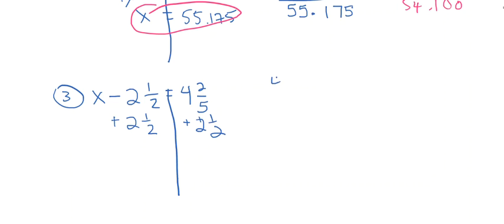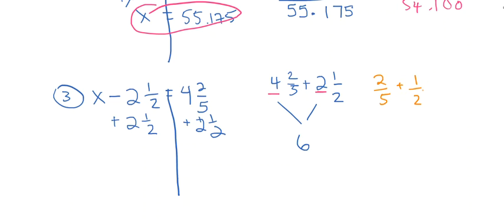So when you're doing 4 2/5 plus 2 1/2, what you can do is add the whole numbers. These two you can add and get 6. But you still have to deal with the 2 over 5 plus 1/2.